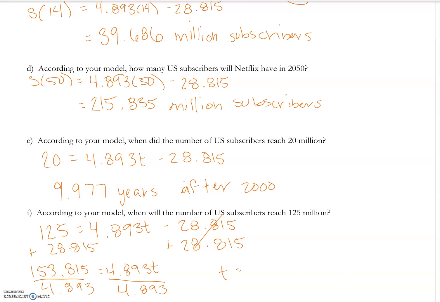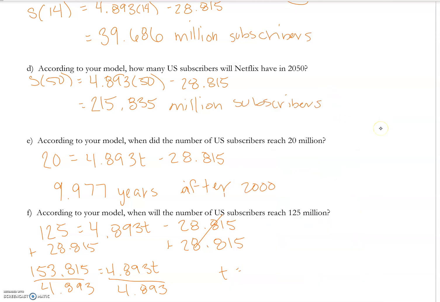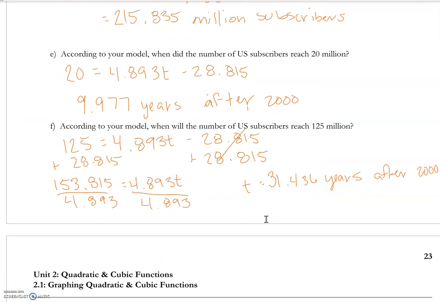Using my calculator now, I'll divide that by 4.893, and I get 31.436. 31.436 years after 2000. Again, if you prefer just using your calculator and finding the point of intersection, that's totally fine. This is just one other way to do it.